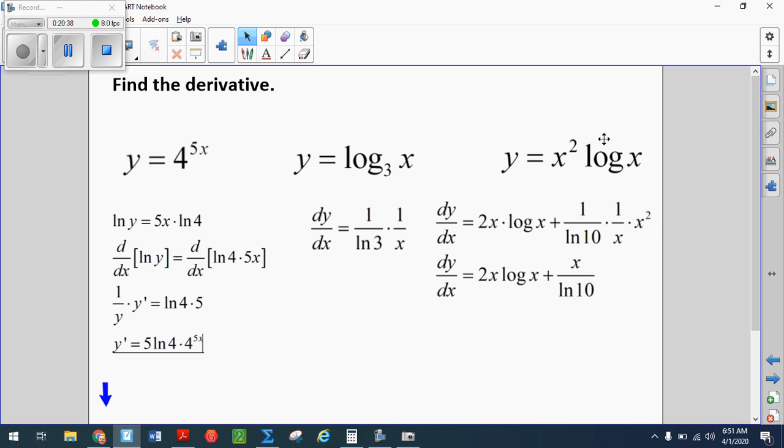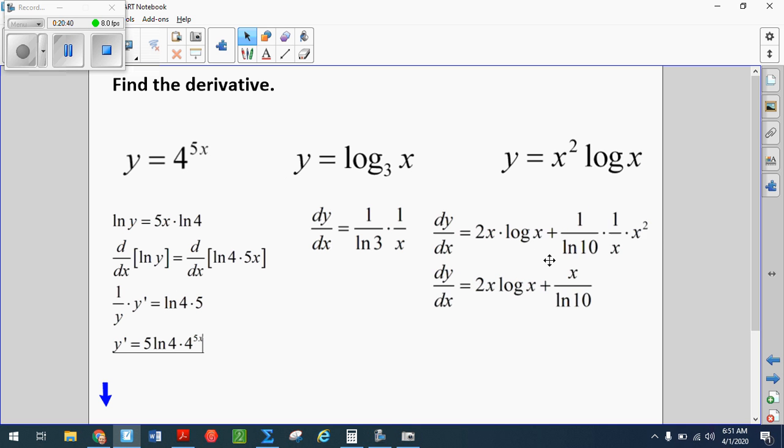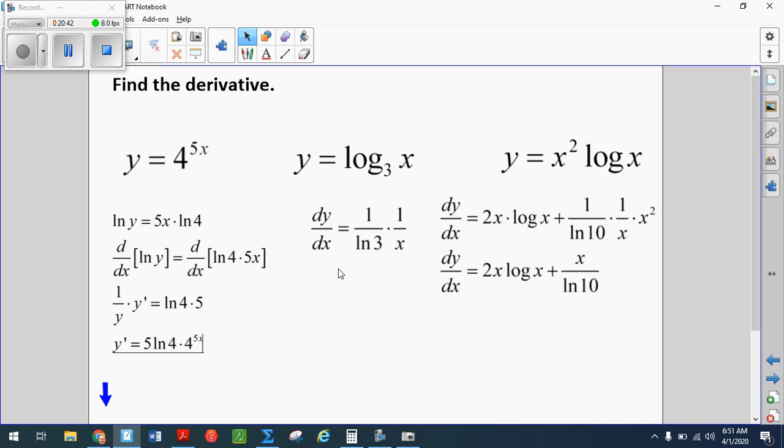So x squared log x becomes 2x log x plus x over natural log 10.